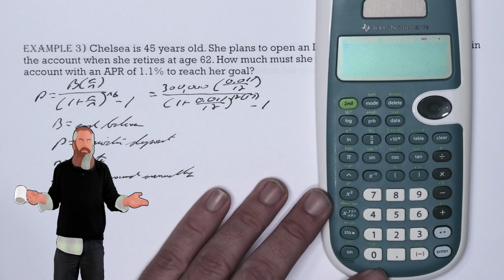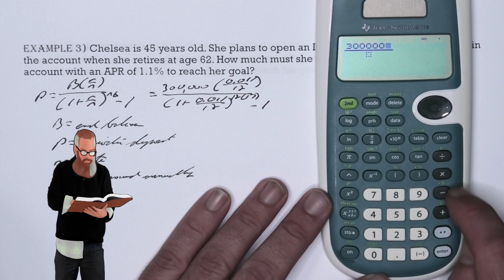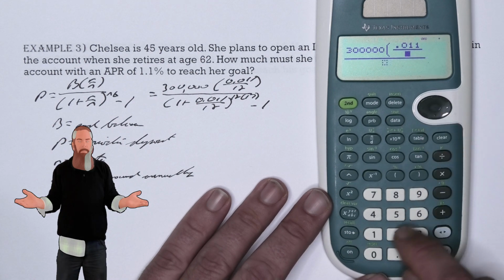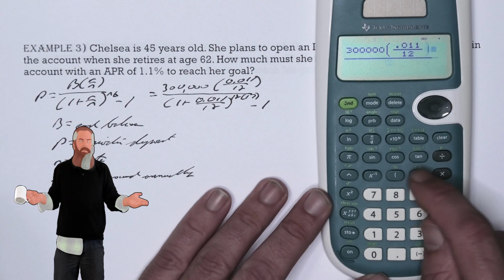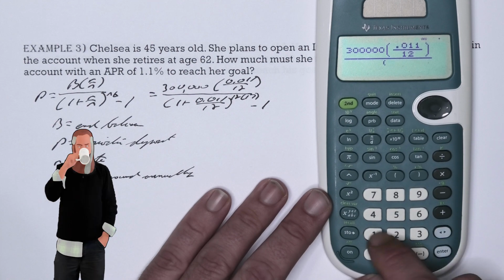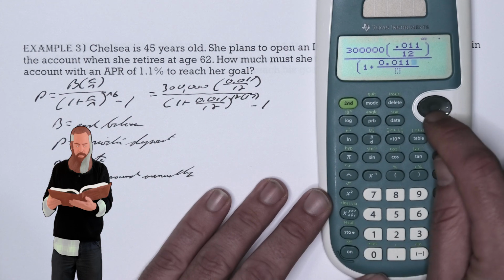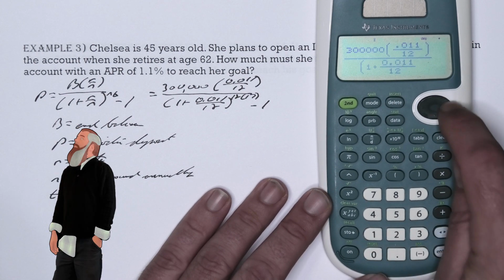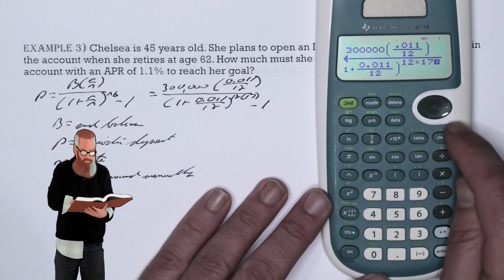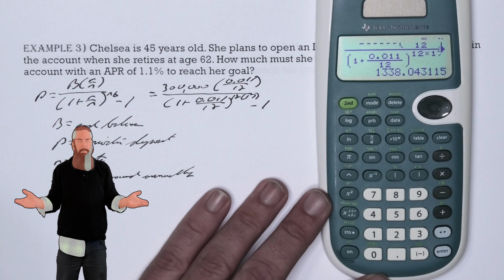Using the trusty Texas Instruments TI-30XS, we're going to hit the fraction button, 300,000, parenthesis, fraction button, 0.011, down arrow for the 12, right arrow to close that parenthesis, down arrow into the denominator, open a parenthesis, 1 plus fraction button, 0.011, down arrow into the denominator, 12, right arrow out of there, close it, exponent, 12 times 17, right arrow to get out of the exponent, minus 1, and hit enter.